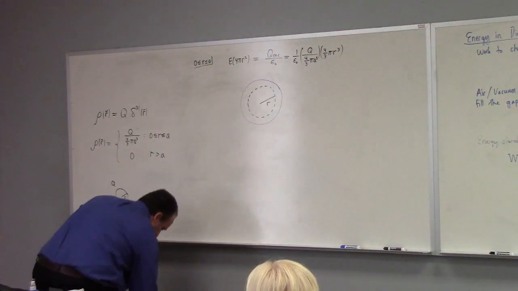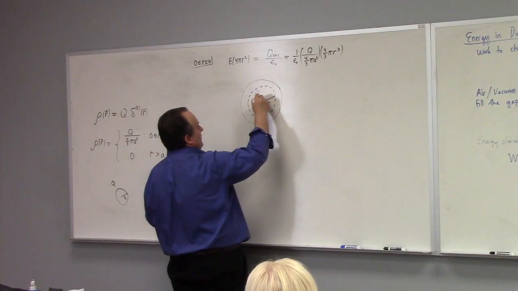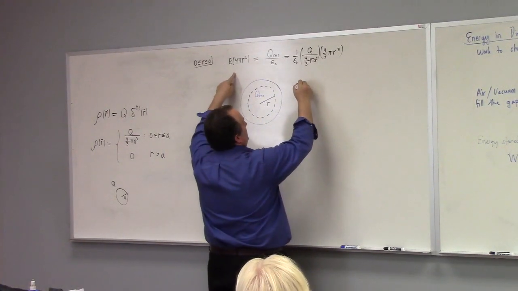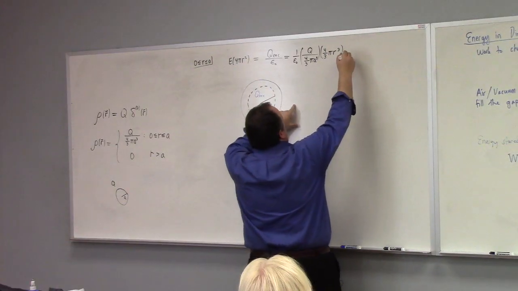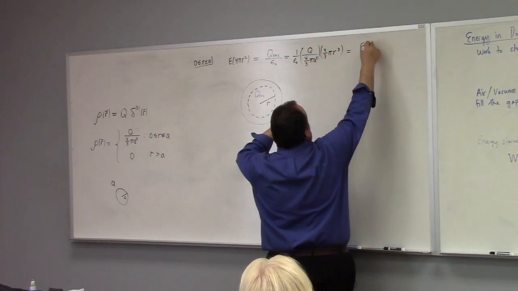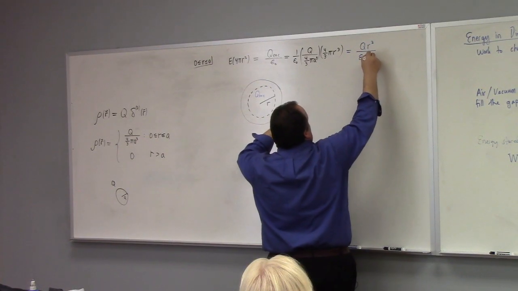So look, I'm just deriving the usual thing. The 4/3 pi's cancel, and we get Q r cubed divided by epsilon naught a cubed, right?